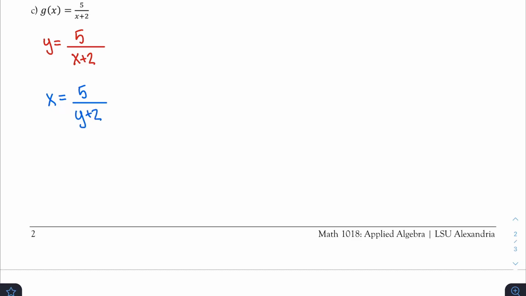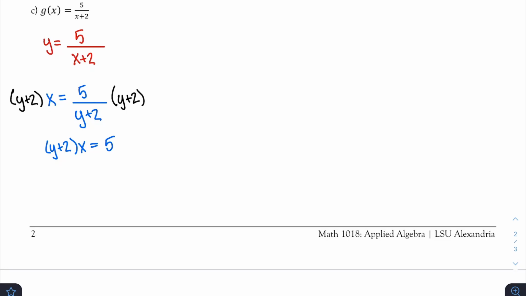This one I do have to do a little bit more work, mainly because my y is in my denominator. If I want to solve for y, I must multiply by y plus 2. There are several ways you might write this in the product. The way that I'm going to write this is y plus 2 times x is equal to 5.